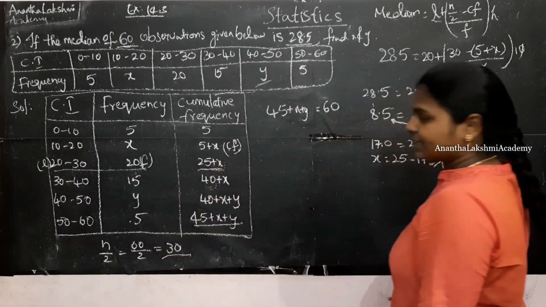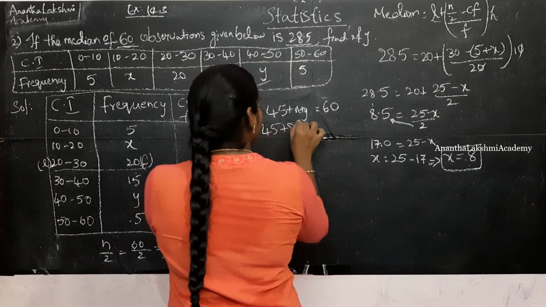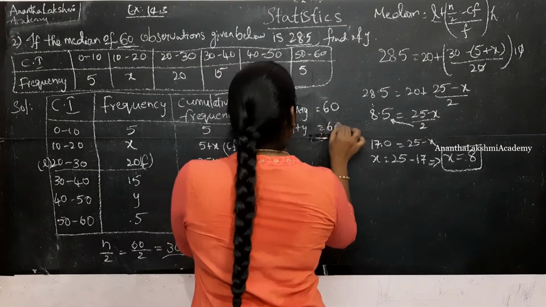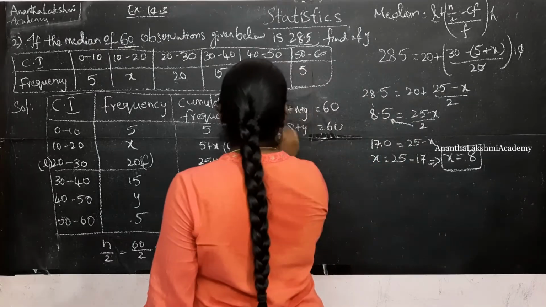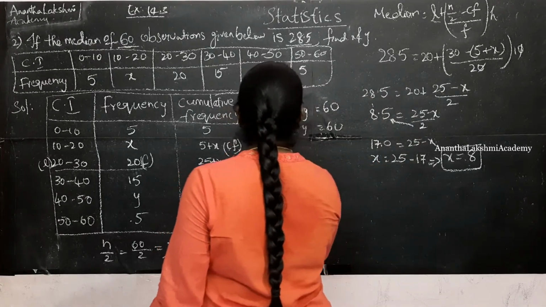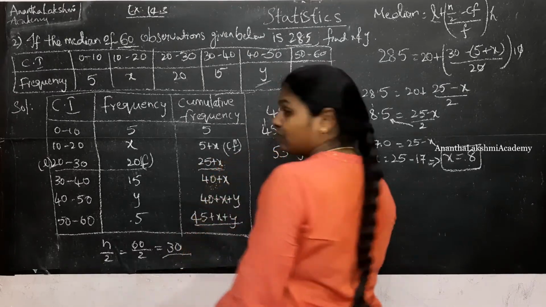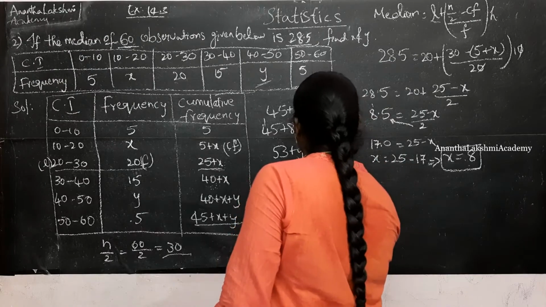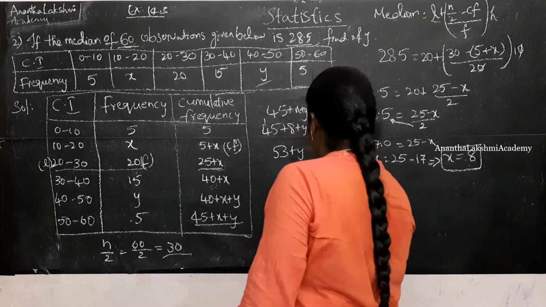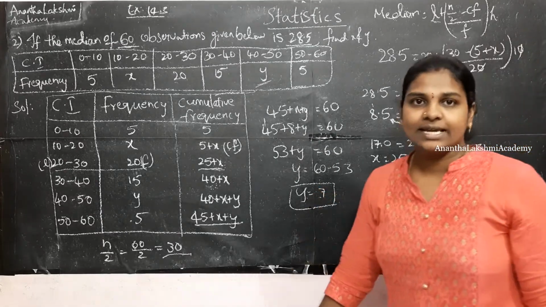Now you know X, isn't it? 45 plus 8 plus Y is equal to 60, which is 53 plus Y is equal to 60. Y is equal to 60 minus 53, nothing but 7. So the X value we got is 8 and the Y value we got is 7.